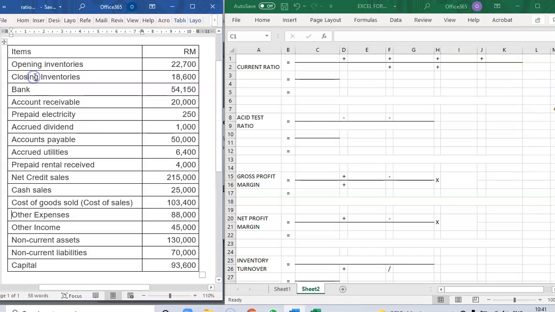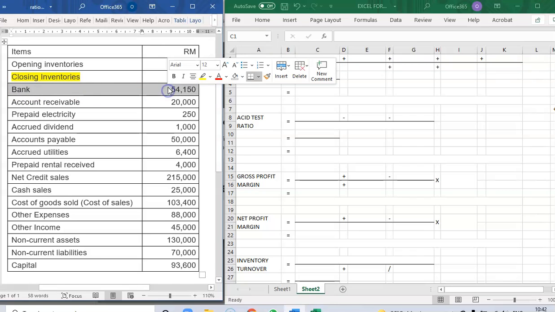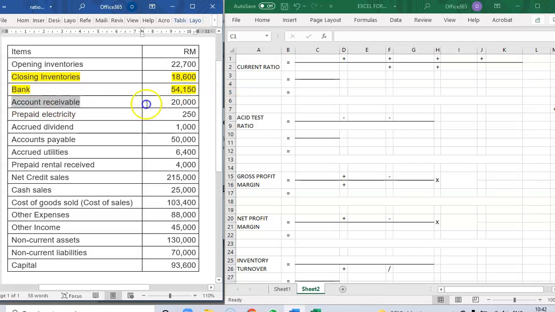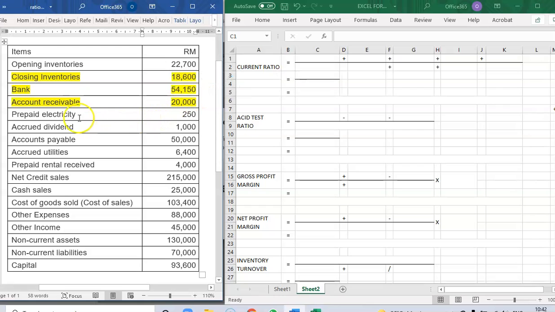Okay, the closing inventory belongs to the current asset, and also the bank account, bank is also a current asset. Same goes with the account receivables.